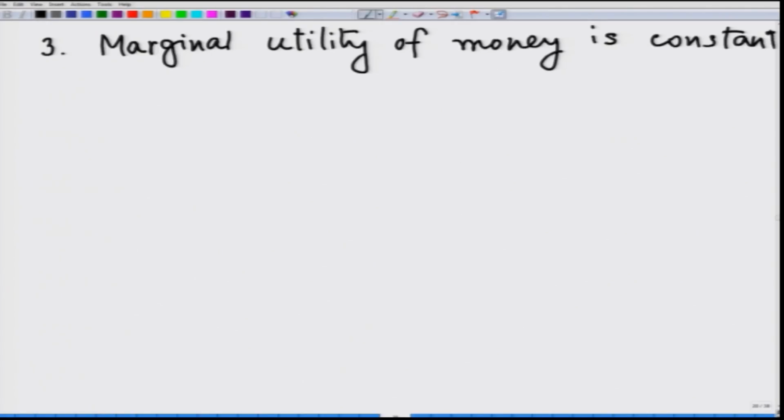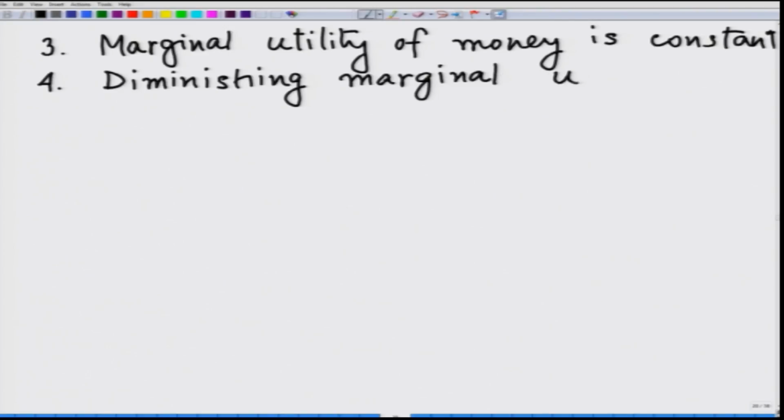Now, with all this, there is another important one, which is known as, and I have already listed this assumption before, diminishing marginal utility.